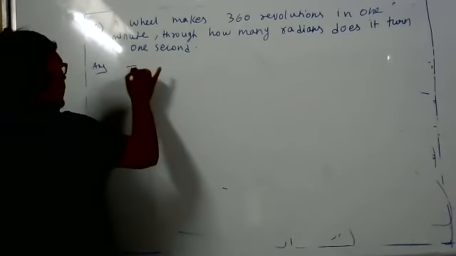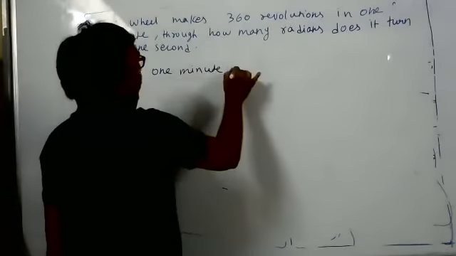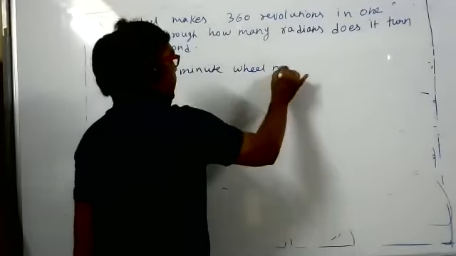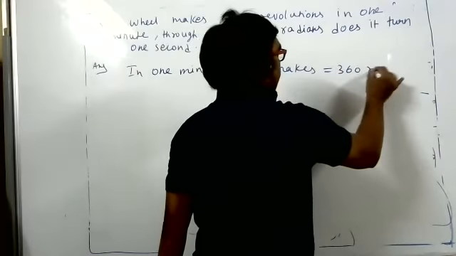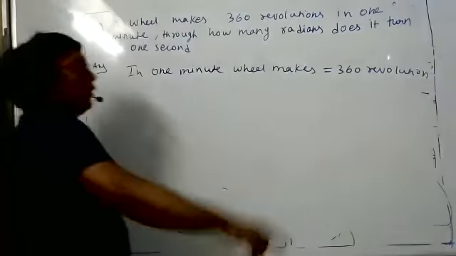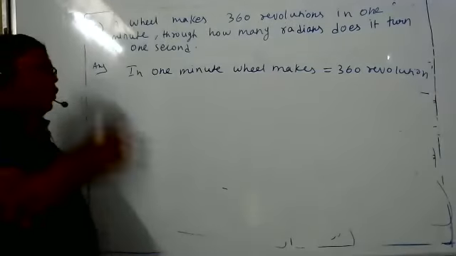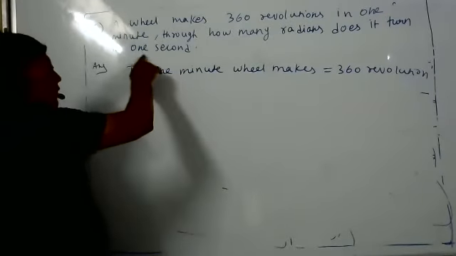In 1 minute, the wheel makes 360 revolutions. All of you know what a wheel is. In 1 minute it rotates 360 times. Through how many radians does it turn in 1 second?